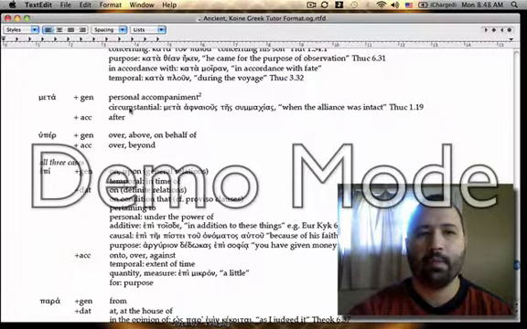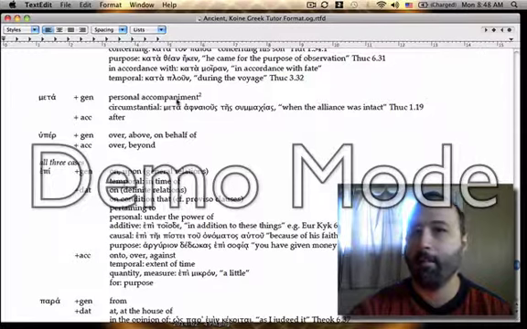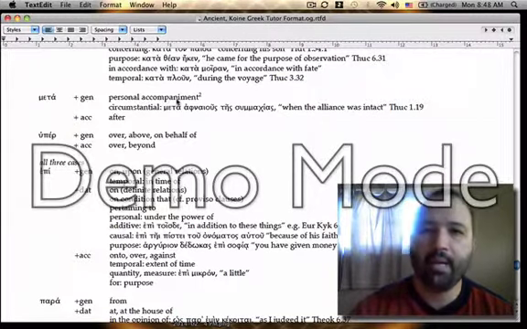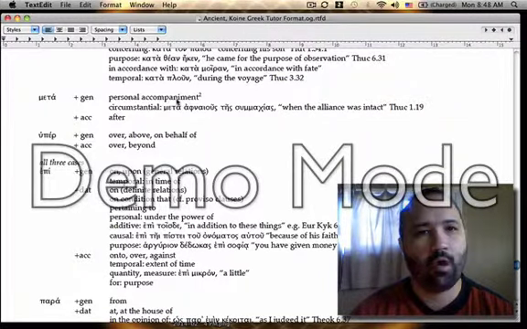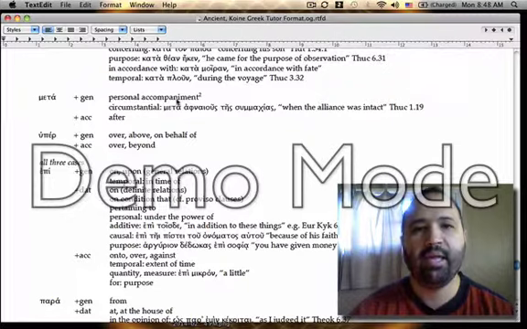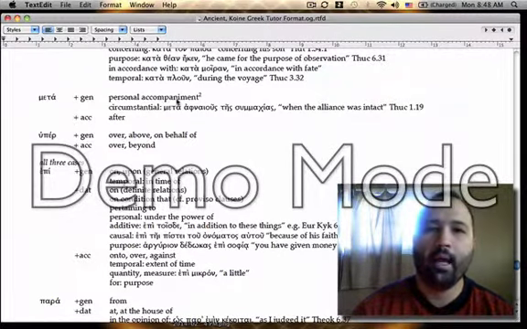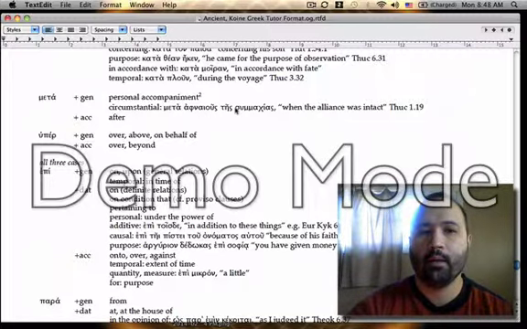Other uses of meta with the genitive would be personal accompaniment. If I were to say in Greek, for example, Ipigen meta ton adelphon aftu, he went with his brethren, or being personally accompanied with his brethren.